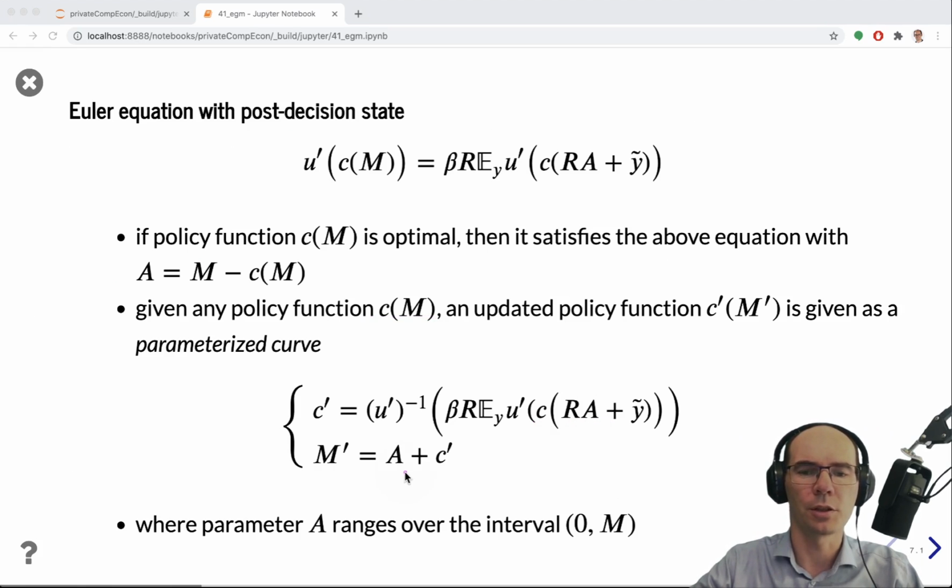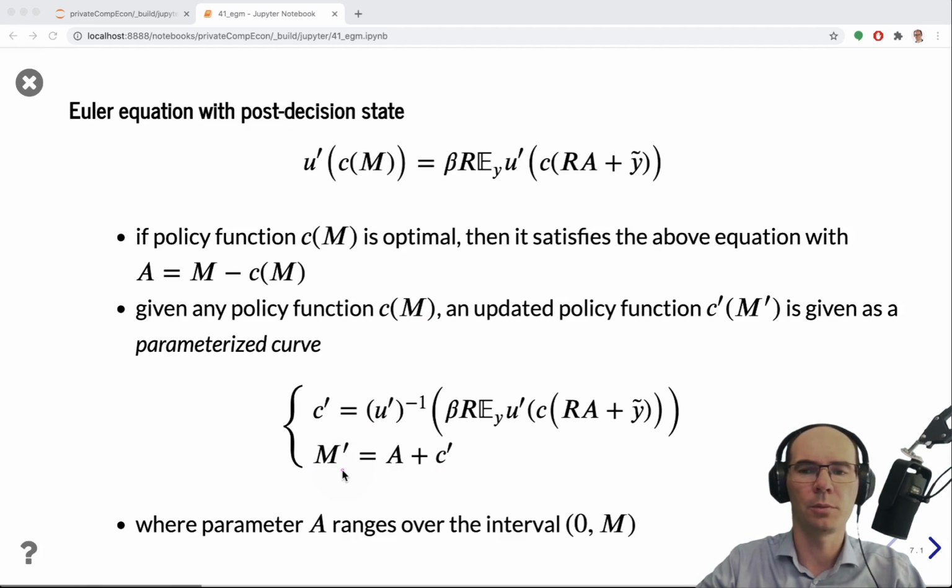And then, of course, here's the trick. If we know this C prime, then we can reconstruct the point in the state space where this would all be optimal, right? Where the consumption and savings would satisfy the Euler equation. And we just add up the savings and consumption, because that's what M is by definition, or rather, that's what A is by definition: the difference between M and C, wealth and consumption.